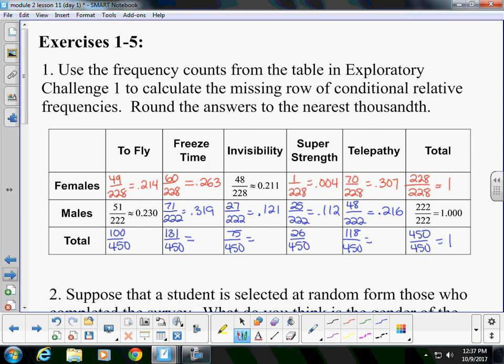Okay, so each of these has different denominators. Each row has a different denominator.